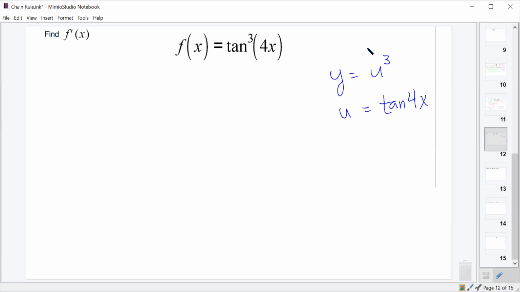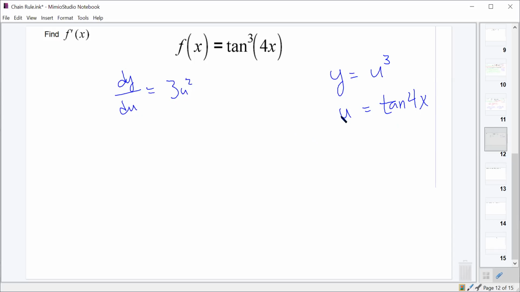Now, the derivative of y with respect to u is easy. The derivative of u with respect to x still requires the chain rule also, right? But that's okay. If it's in the u term that we need the chain rule, we'll just use the chain rule to differentiate it. So first off, we've got dy du equals 3u squared.